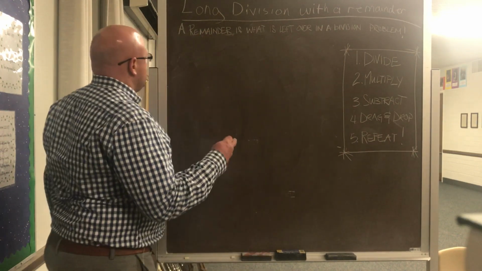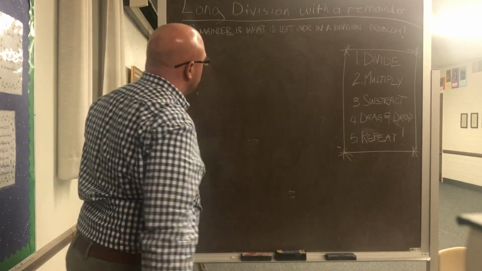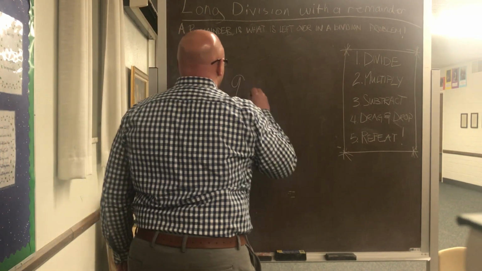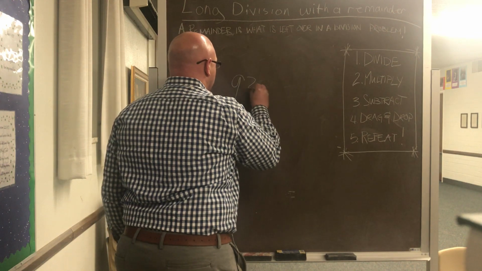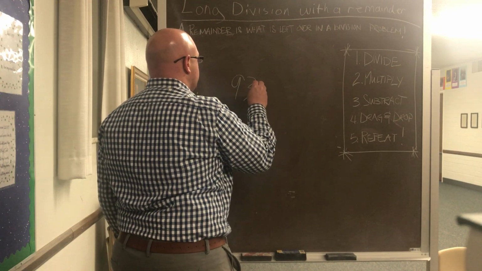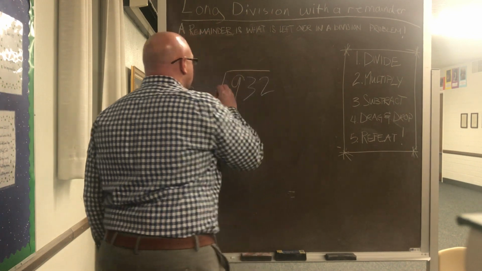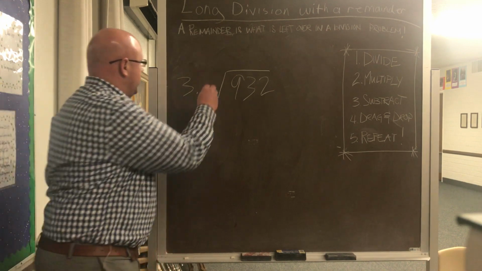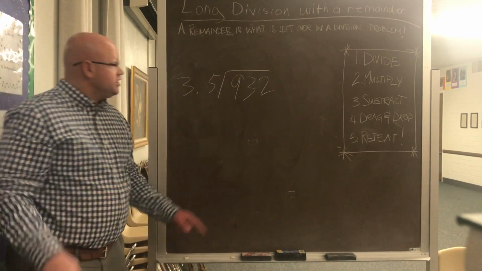Okay, so the third problem that we're going to do will be 932 divided by 5. 932 divided by 5.